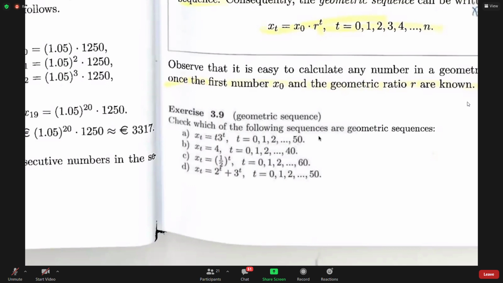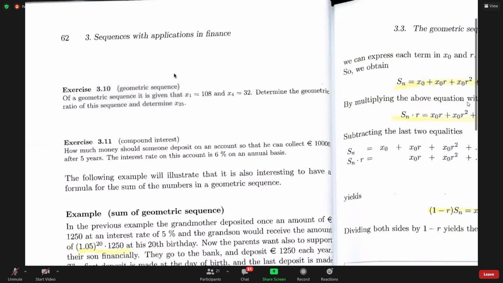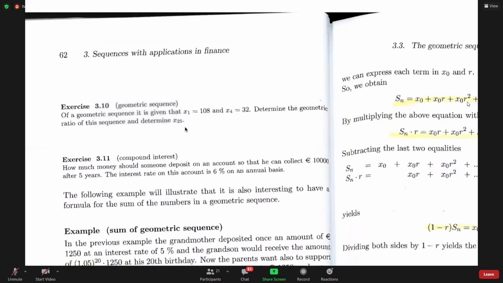This is just to check whether the sequences are geometric or not. So what you have to do is determine the sequence according to the formula and then try to calculate the quotient, the ratio. If you get a constant ratio, it means it's geometric. If you don't, it's not geometric. And we will do exercise 3.10 together.